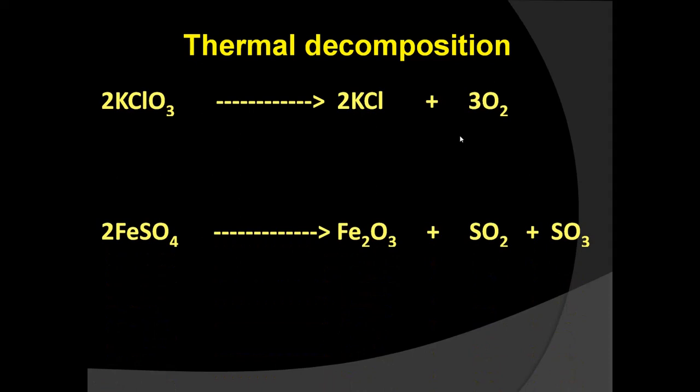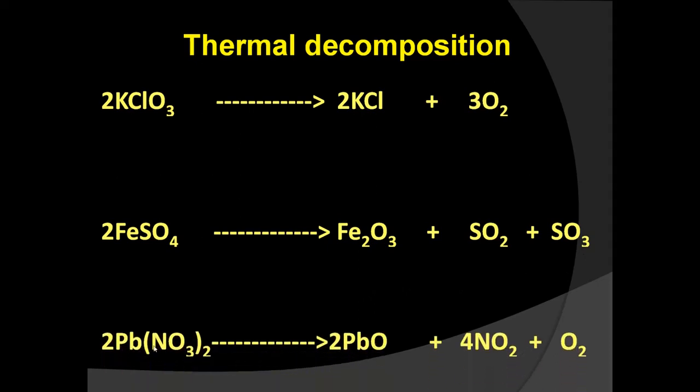Let us consider one more example. If we take ferrous sulfate crystals in a test tube and if we heat it, ferrous sulfate decomposes to give rise to ferrous oxide, sulfur dioxide and sulfur trioxide. Then lead nitrate.